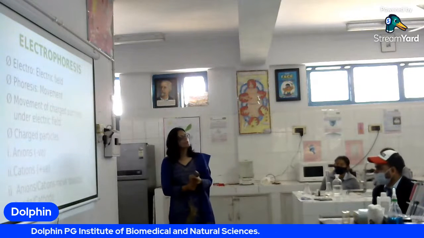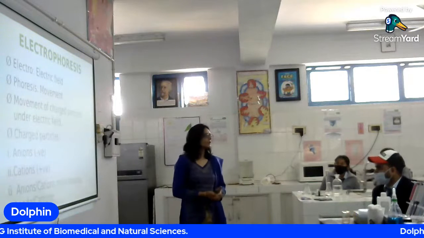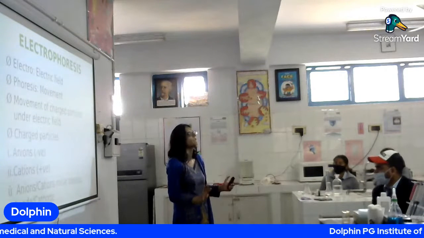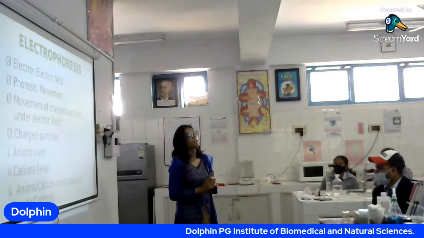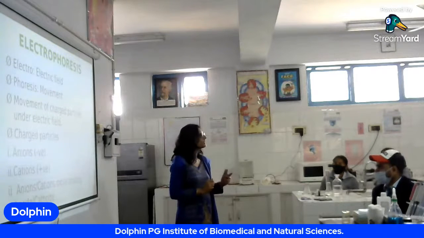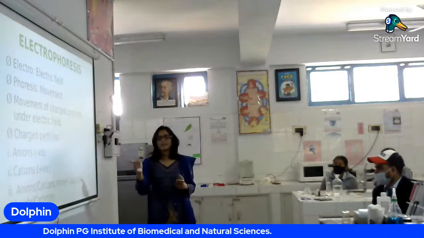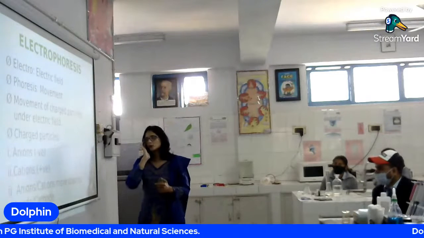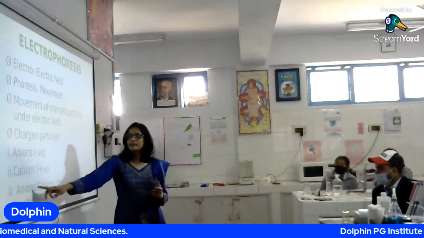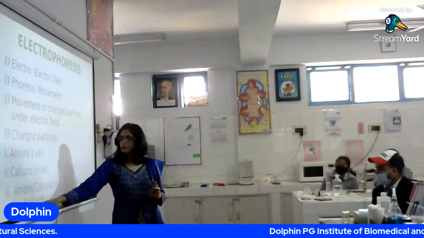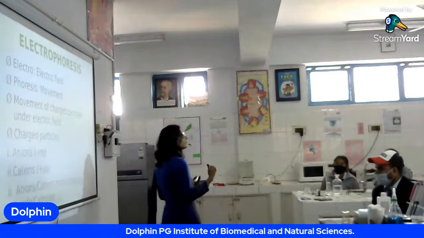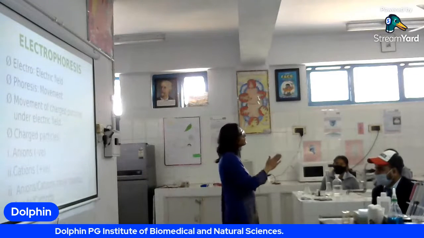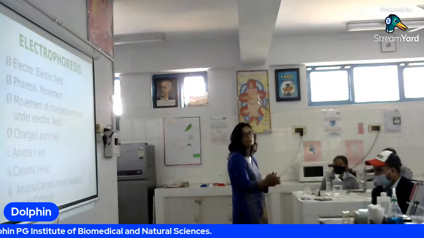So which one is the positive electrode? Which one is the negative electrode? It may be that not all of you know. The cathode is negative, anode is positive. So to remember this, I can suggest a trick. As anions have negative charge, they will move to the anode, and the two start with the same letter. Anions go towards the anode.